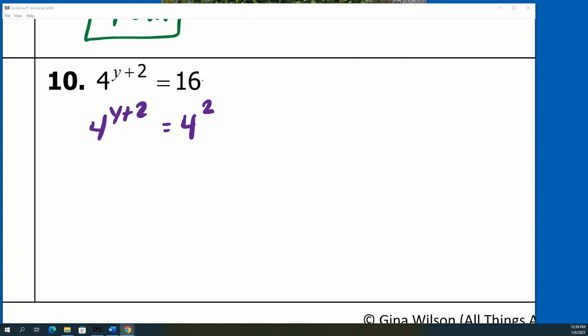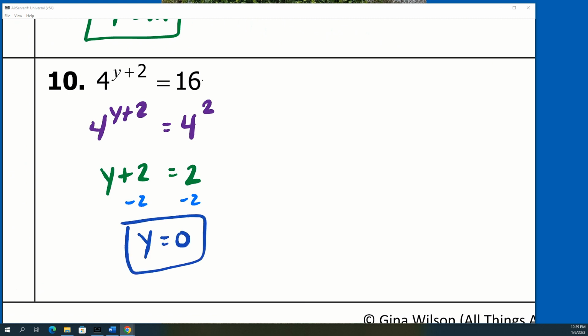Good. All right, then we'll set the exponents equal. And then when we subtract 2, we get 0, which is fine. 0 is a perfectly acceptable answer. Just feels like it shouldn't be, but it is.